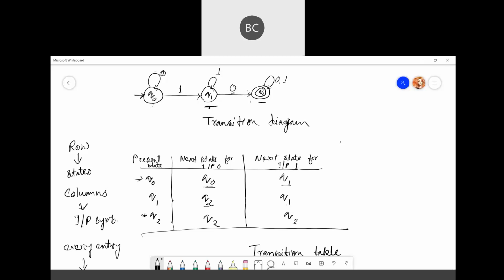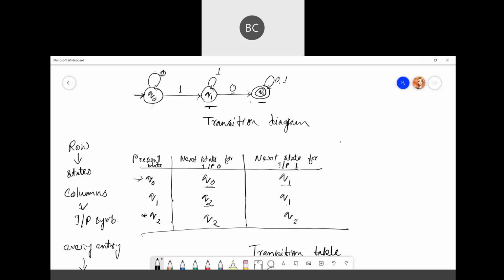Just look at the diagram. This is a DFA.